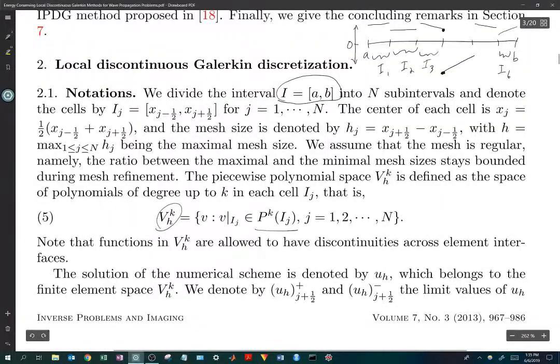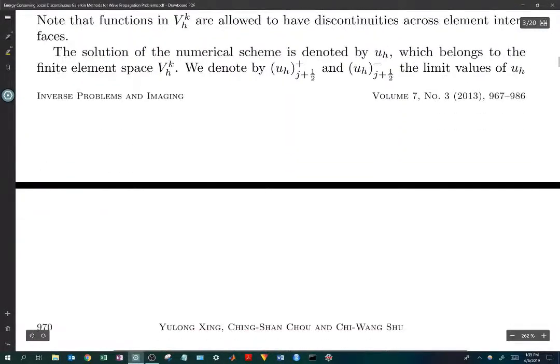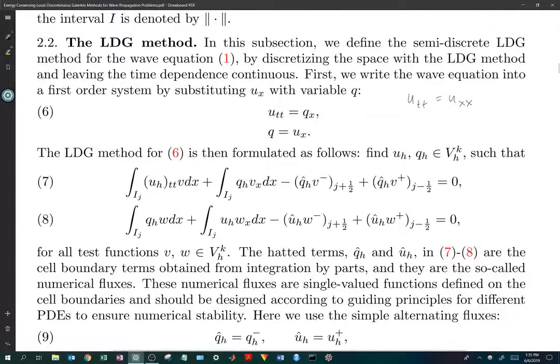So if we go back up here, if we look at this endpoint, if we don't know whether to use the top or the bottom one, we will always use the one where you approach from the left. So you would use the right point of I3 rather than the left point of I4. But then for U, we always take it from the right. And so this is one way that you can do it.